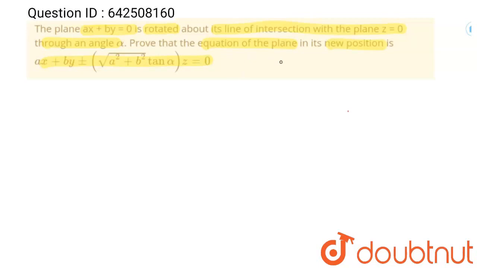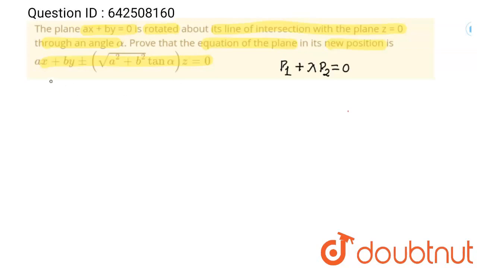If you have two planes P1 and P2, then from the family of planes, any plane passing through the line of intersection of both planes can be written as P1 plus lambda P2 equals 0. So the required plane is passing through the line of intersection of plane ax plus by equals 0 and plane z equals 0.